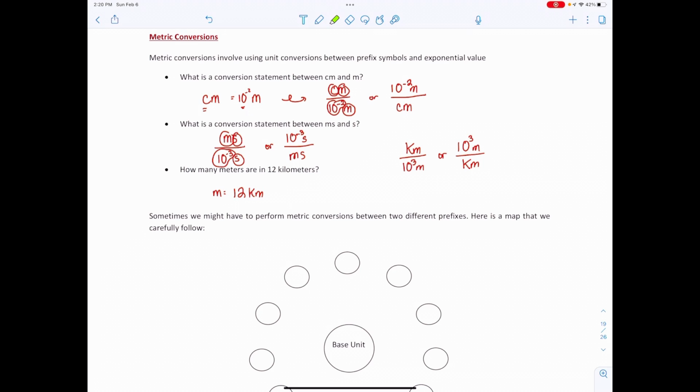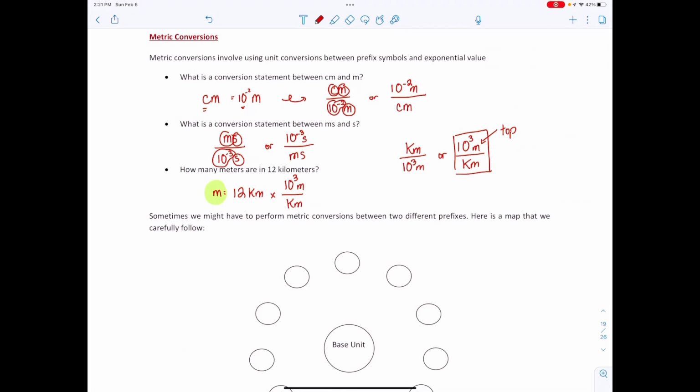So in this question, I have 12 kilometers as my starting value, but I'm trying to go into meters. So I'm going to pick the conversion statement that has meters on top: 12 kilometers times 10 to the power of 3 meters over kilometers.